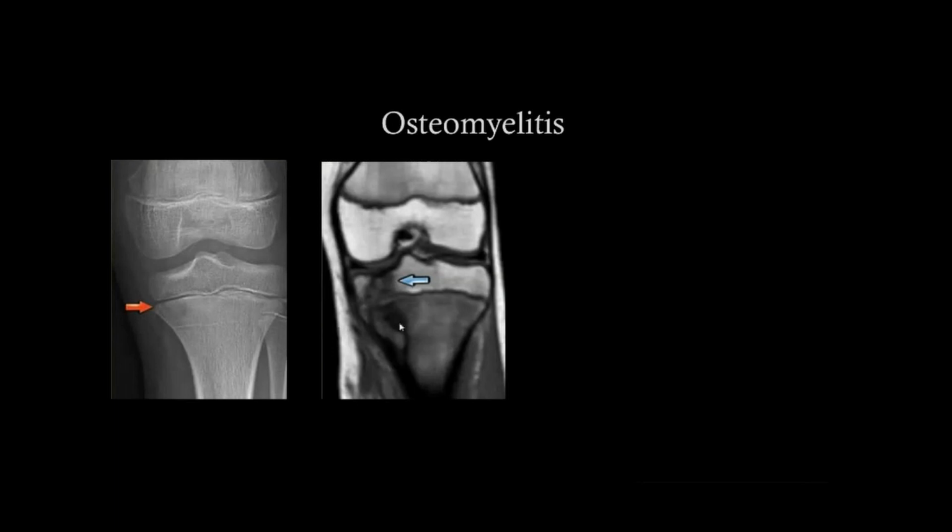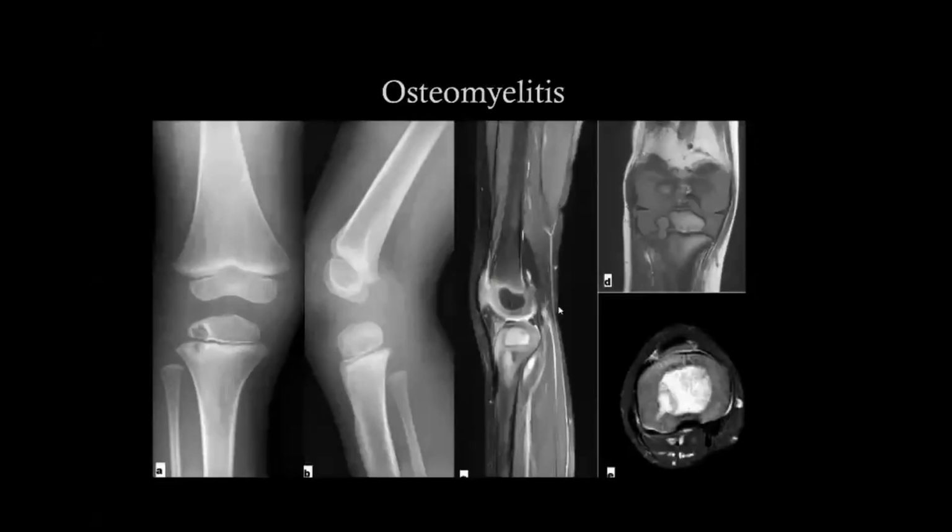So this is the appearance of osteomyelitis coming from this region and involving the epiphysis. Okay. These are other examples of osteomyelitis. You have to find the involvement of the metaphysis first, then the epiphysis. It will never involve the epiphysis unless it involves the metaphysis. So here it is, this Brodie's abscess.